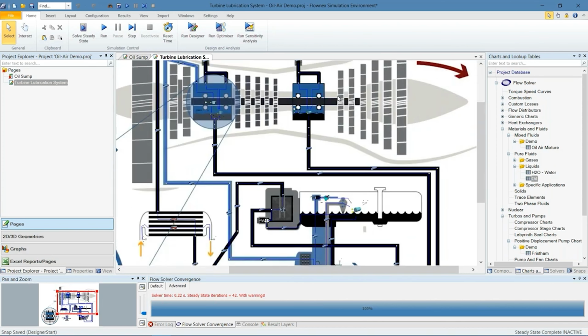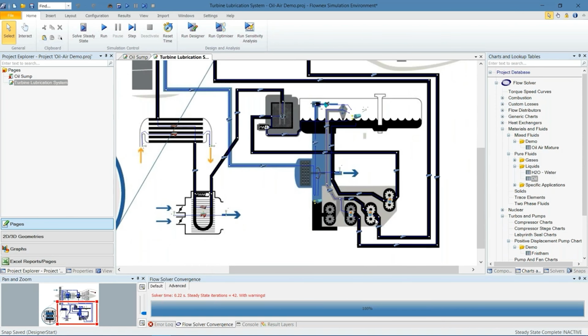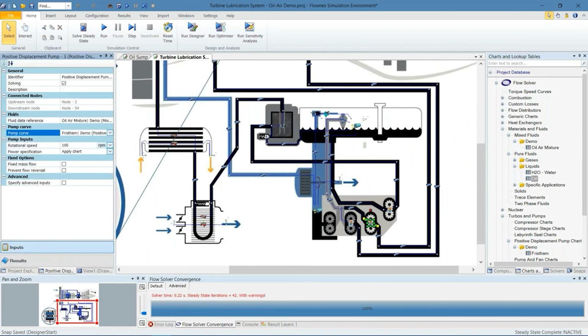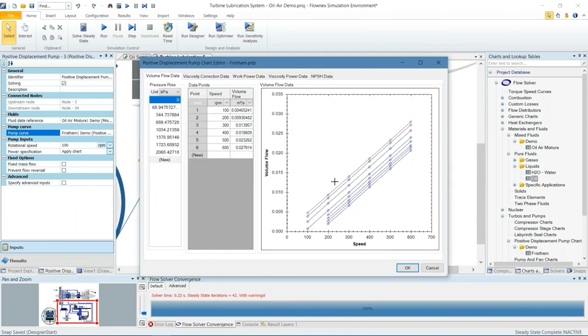These two scavenge lines then flow towards a series of scavenge pumps. Here I've modeled them using the positive displacement pump component. These just take standard positive displacement pump charts, so volume flow versus speed, and each of these lines is at a different pressure rise or different pressure differential over our component.